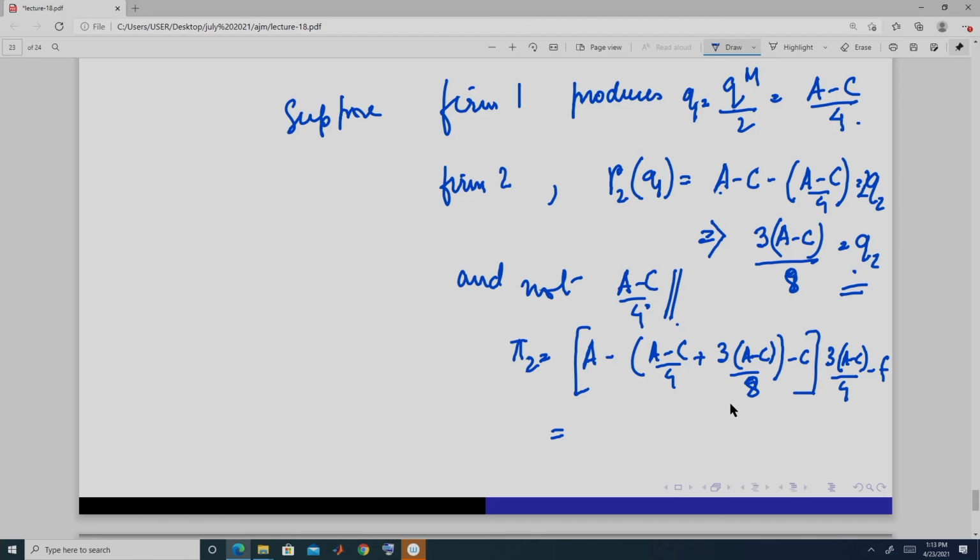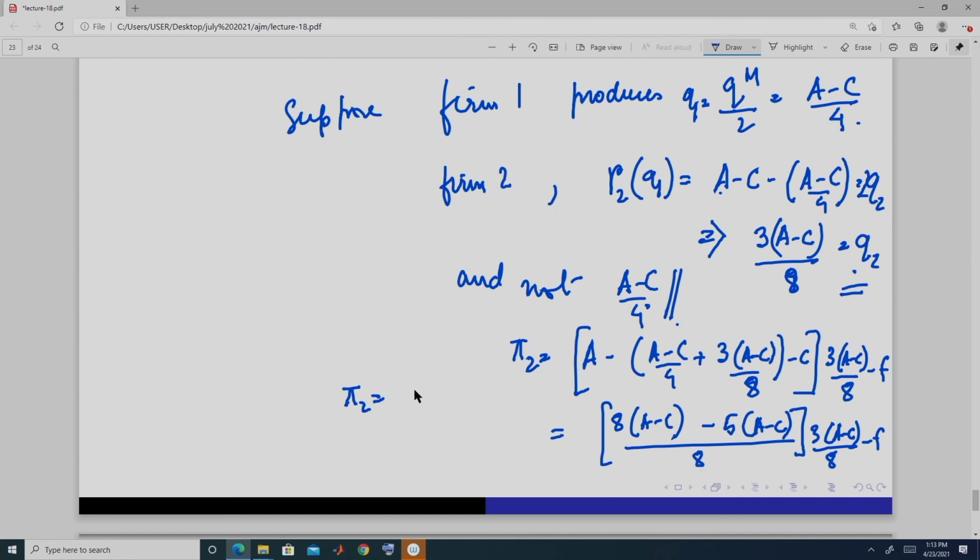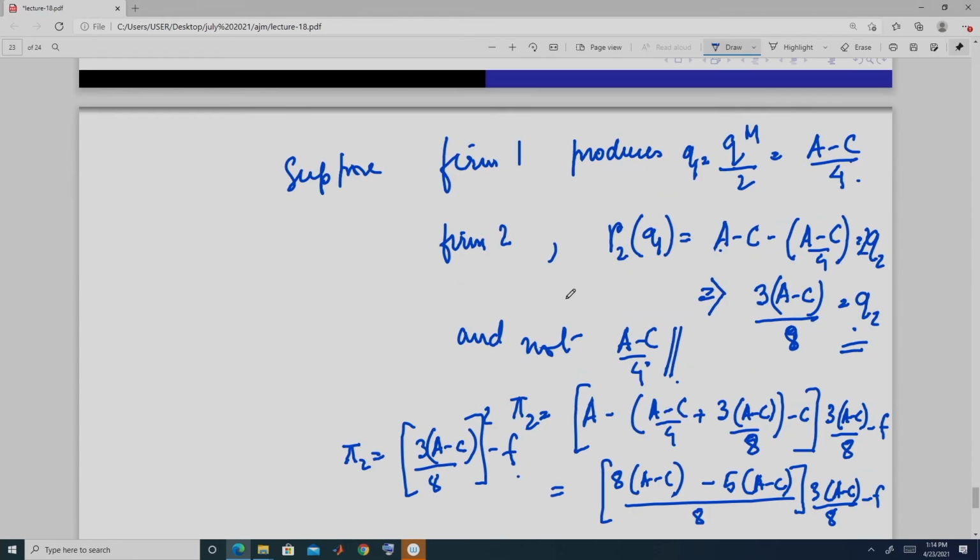So, this is going to be, again, 8, (A minus C), 5 (A minus C), so the profit of firm 2 is going to be this, right. Similarly, if we do the same thing, we get the profit of firm 1.